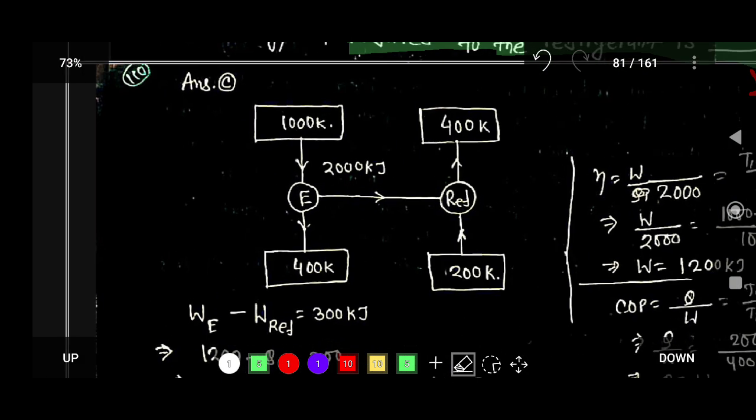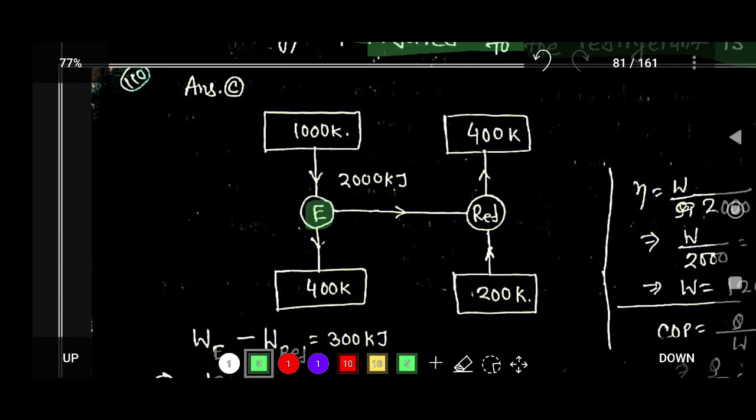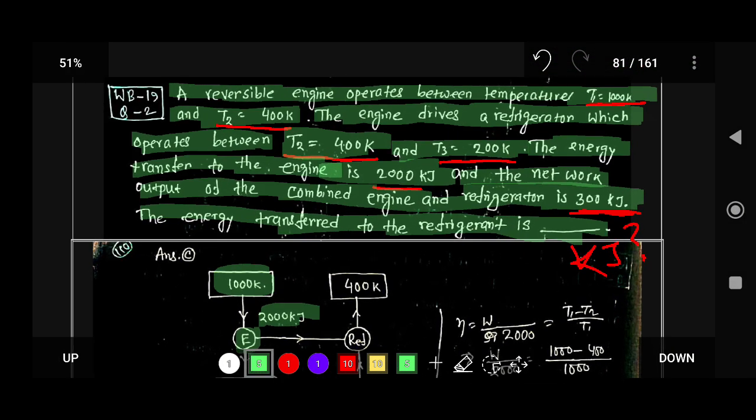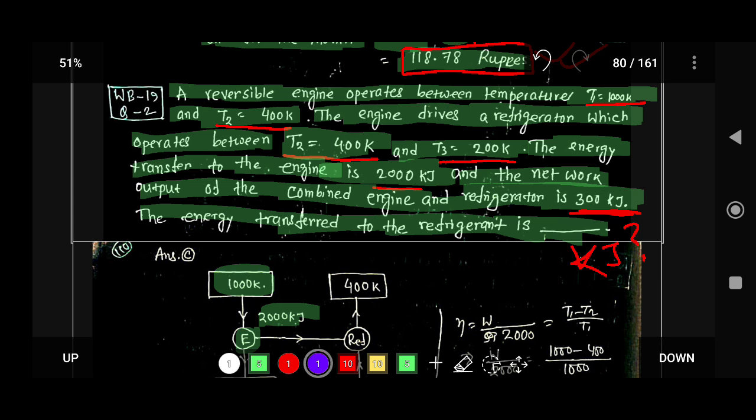So here there is a heat engine that basically absorbs 2000 kilojoule of heat from 1000 Kelvin. So what is given in this question, T1 is equal to 1000 and T2 is equal to 400 Kelvin. And there is a refrigerator, the higher temperature is 400 Kelvin and the lower temperature is 200 Kelvin.